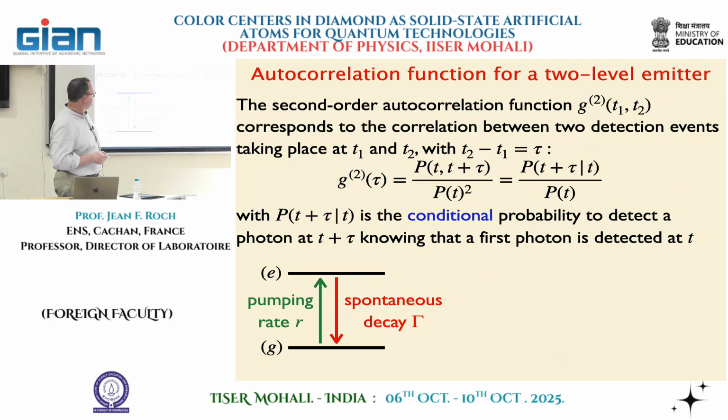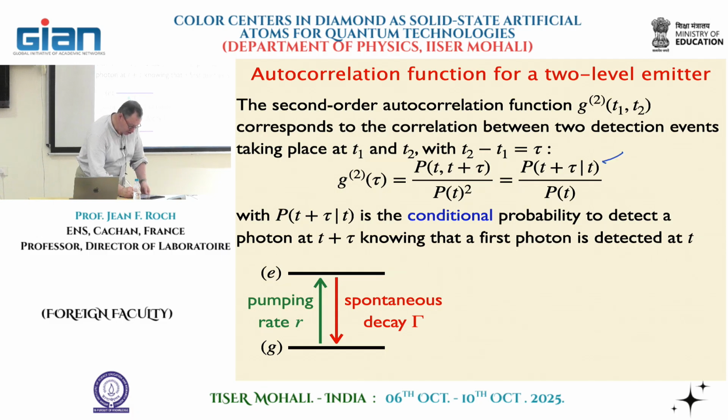So how can I do that? To do the calculation, I can express this as a conditional probability. The conditional probability is defined as the probability to detect a photon at time t plus tau, knowing that I have already detected a photon at time t.